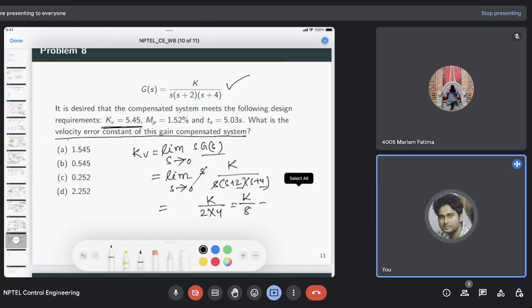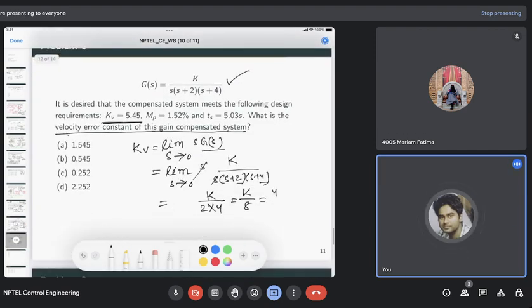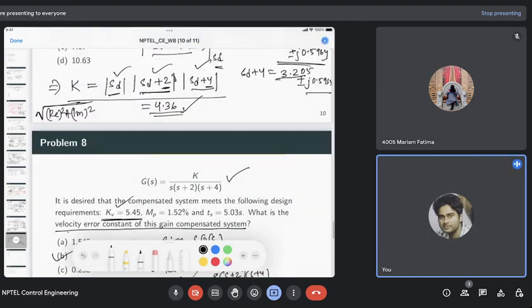Okay, and K we already computed, 4.36, so it will be 4.36 by 8, so it is 0.545.